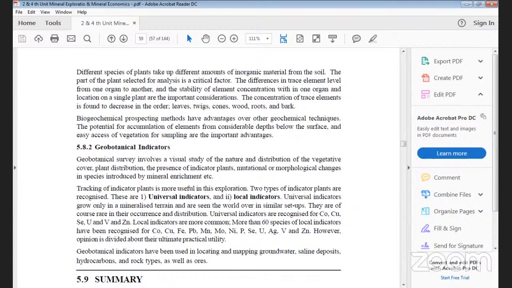The local indicators are more common. More than 60 species of local indicators have been recognized for the following elements: cobalt, copper, iron, lead, manganese, molybdenum, nickel, phosphorus, selenium, uranium, silver, vanadium, and zinc.